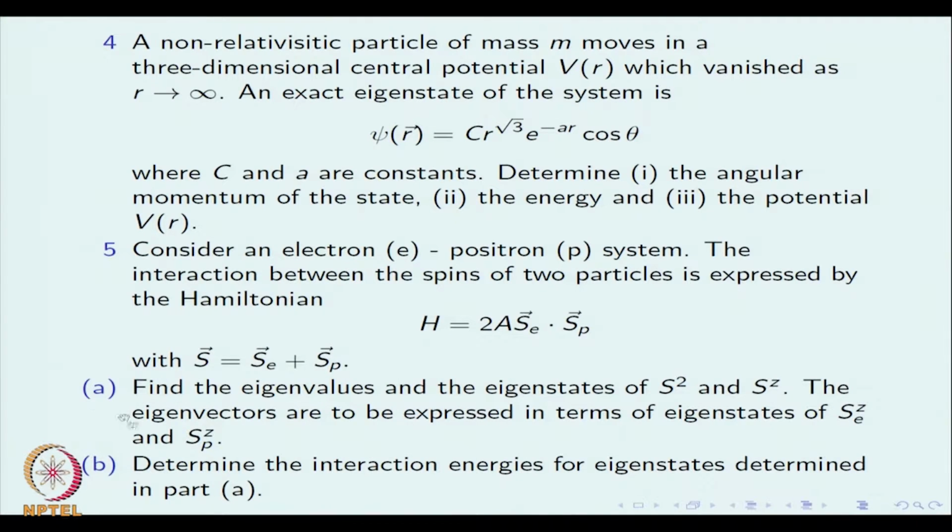In part A there are two parts basically: find the eigenvalues and eigenstates of S square and Sz, and then the eigenvectors when they are expressed in terms of the Z components of electron and positron. And in part B you have to determine the interaction energies of the states determined in part A.